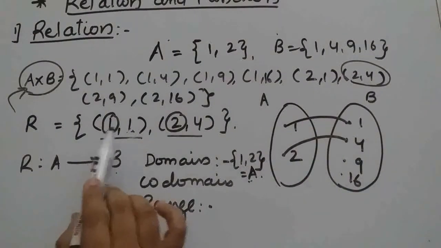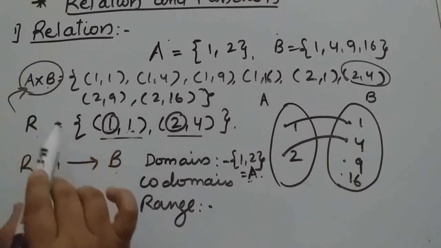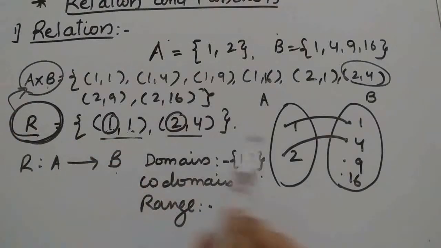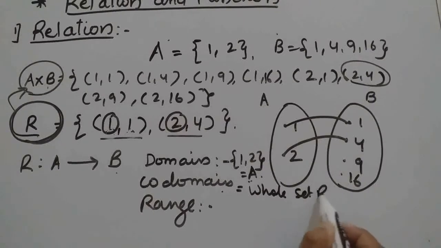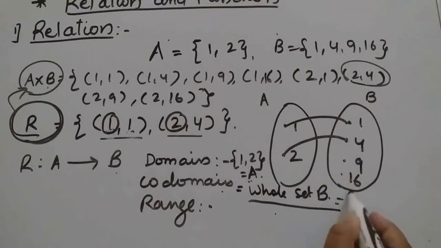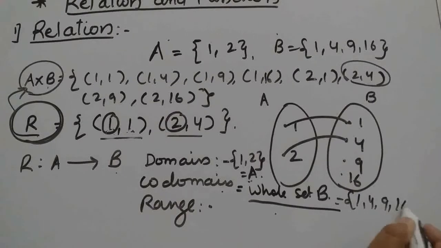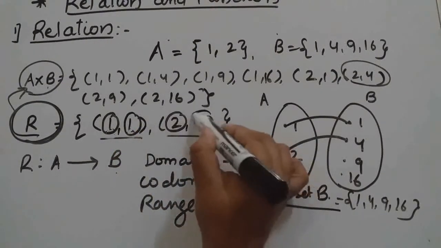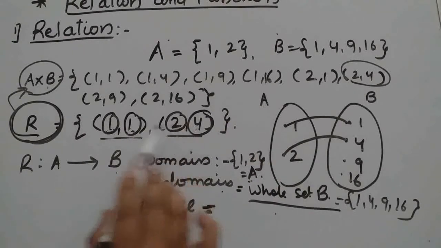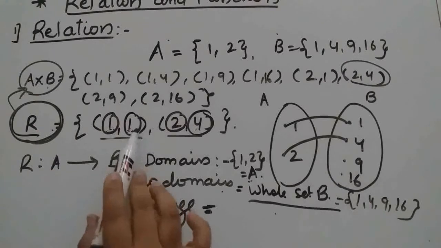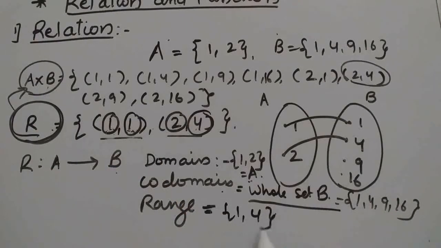Set of all first elements in R, not in A cross B. Now we are considering only R. Now codomain means the complete set B, whole set B. So this will be 1, 4, 9 and 16. Understood? What is range? Range is all the second numbers in R, the set of all the second elements in R. So range will be 1 comma 4.